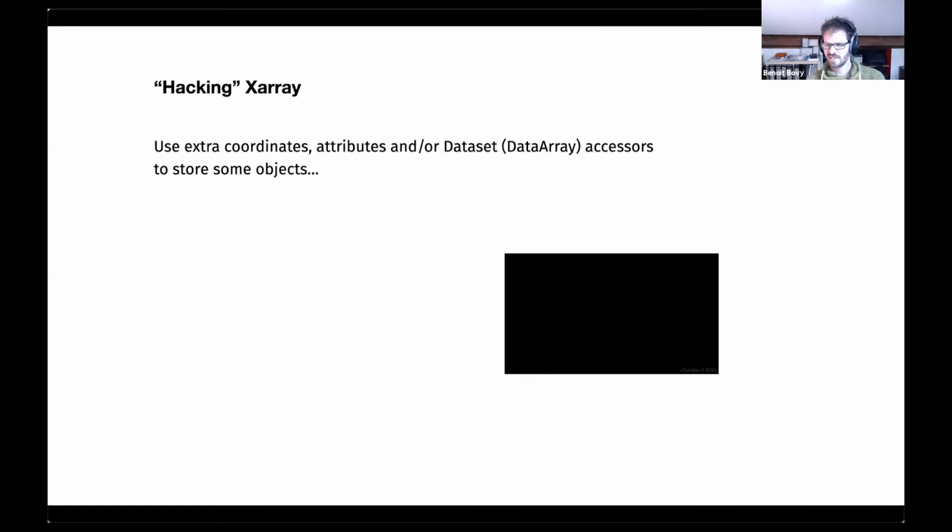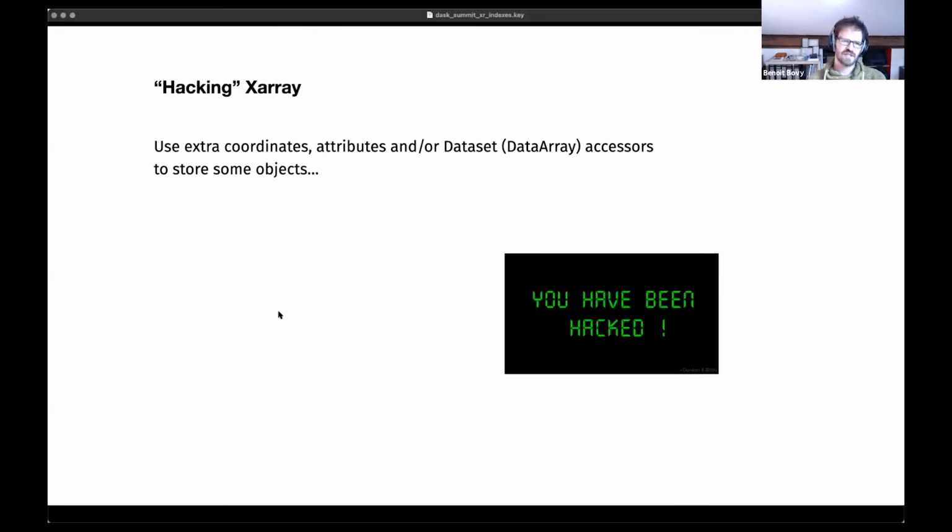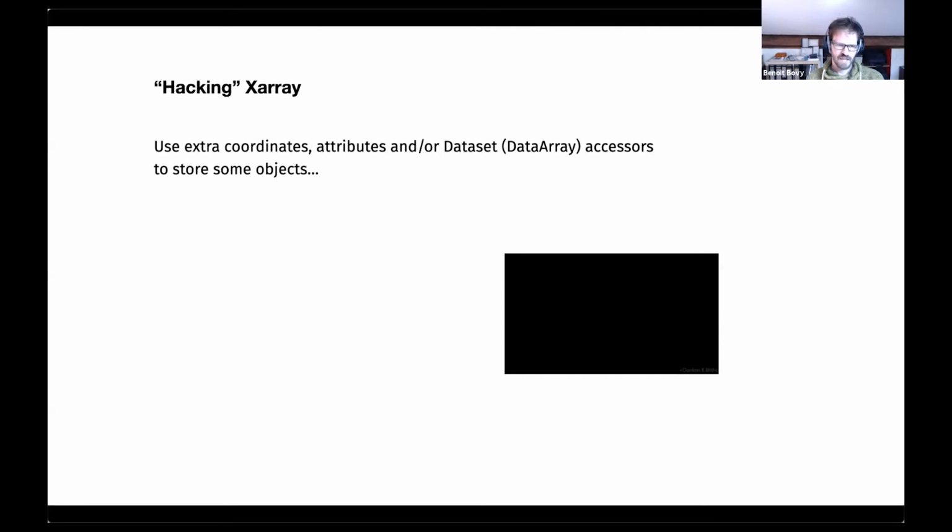It kind of works, but it's not super ideal. Sometimes, when you have an operation that takes one dataset and produces another one, those objects are not propagated very well from one dataset to another. So there are some tricky issues with this. So maybe we can do better.